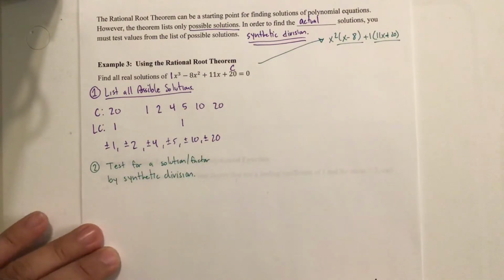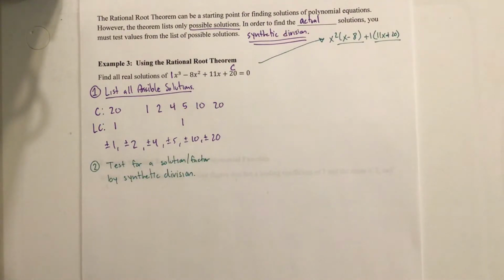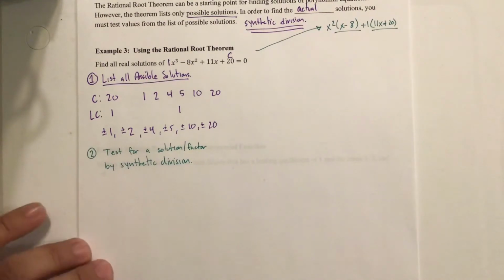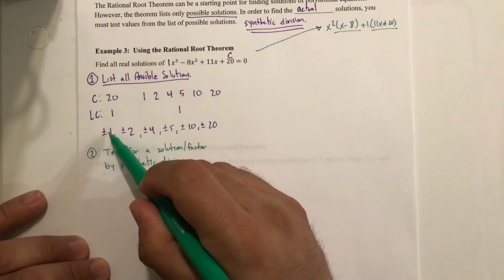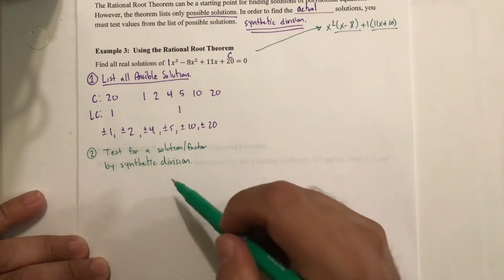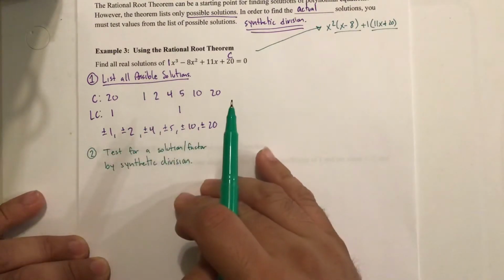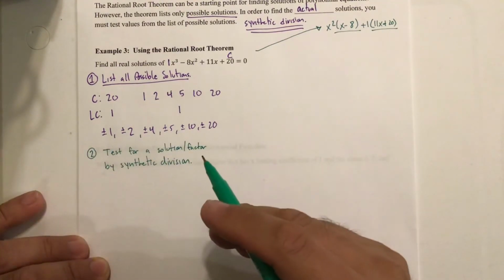So if you recall from one of the prior lessons, in order to prove that something is a solution or a factor, when you do synthetic division, the remainder must be 0, okay? So in this case here, you'd have to test, you start at 1, and you do synthetic division. If the remainder is not 0, you go to the next one, then you go negative 1. If it's not 0, you keep going until you find the remainder of 0.